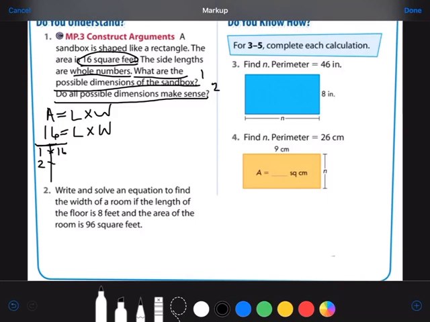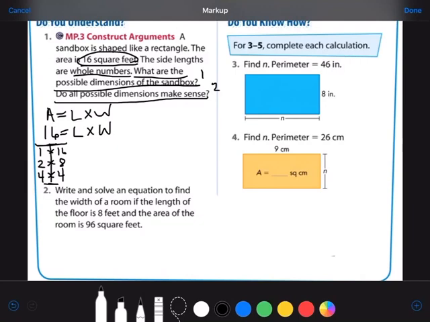Then I go to 2. 2 times what? 2 times 8 equals 16. And then I go to 3. 3 times what? 3 is not a factor of 16. We cannot use 3. So we're going to go right on to the next number. 4. 4 times what gives me 16? Well, 4 times 4 does. 4 and 4, we've met in the middle. We've got all of our factor pairs.